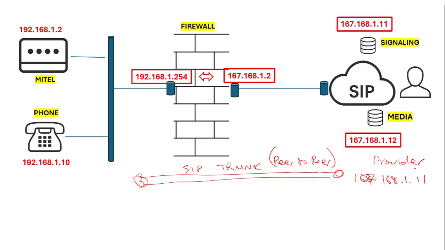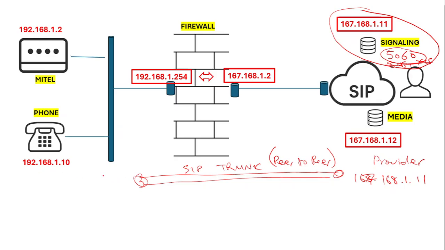This is the IP address of our provider, being the signaling IP address. Signaling is responsible for call setup and tear down. So when it's signaling, we know that it's going to go to port 5060, or 5061 if it's TLS. But let's concentrate on port 5060.